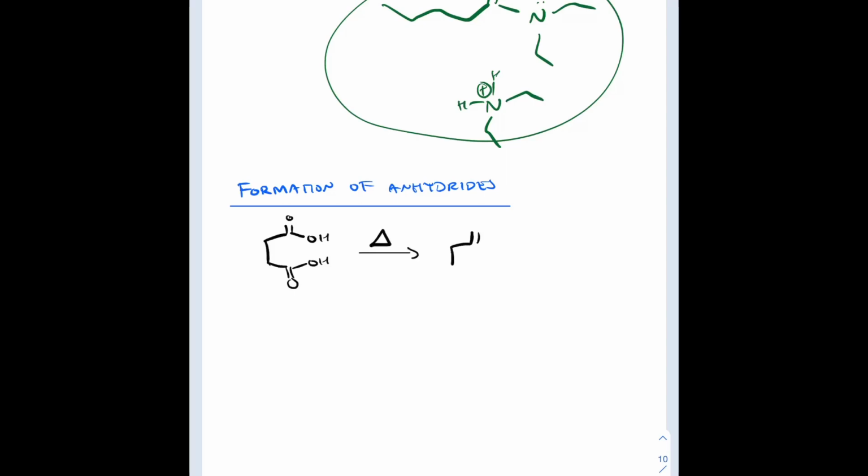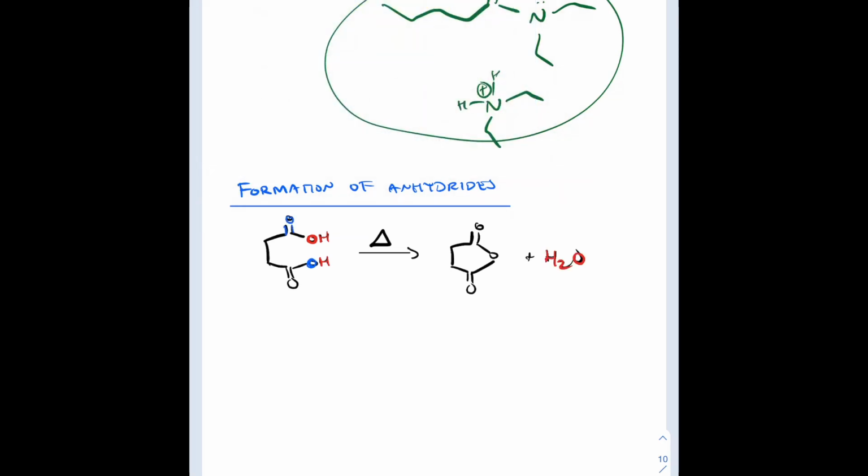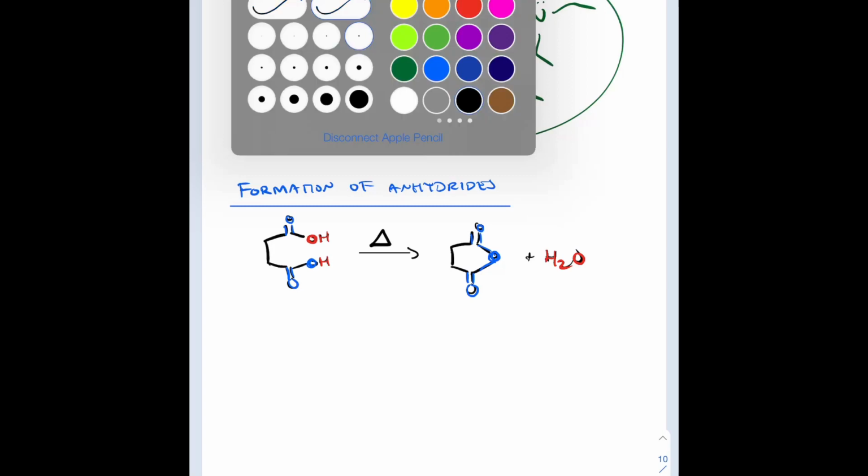So the formation of anhydrides. We saw how to make anhydrides before. We can make them another way though. So if we have a dicarboxylic acid and we heat it strongly, what we end up getting is the loss of water and the formation of an anhydride.